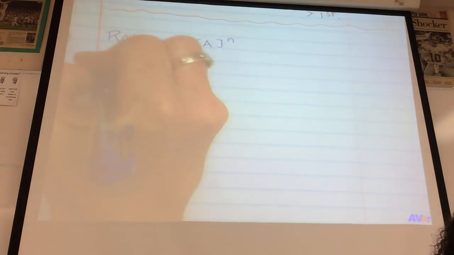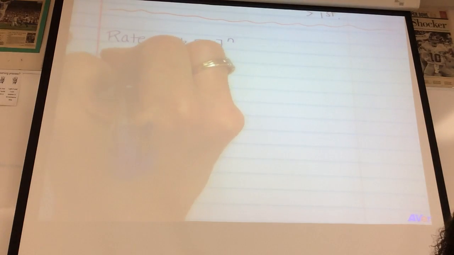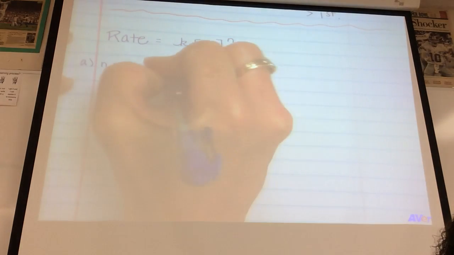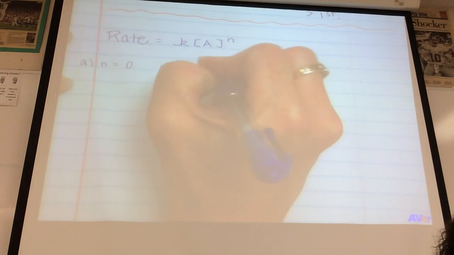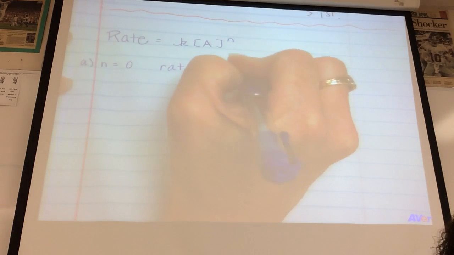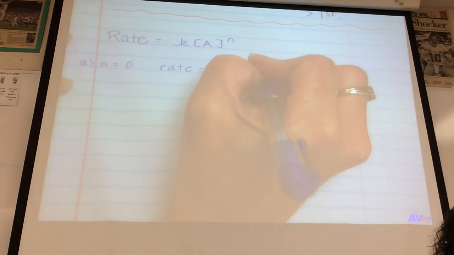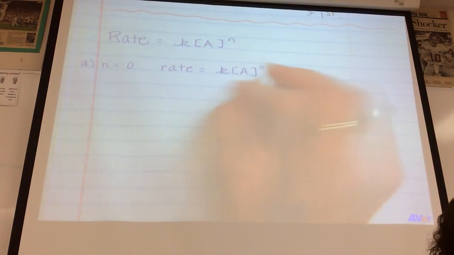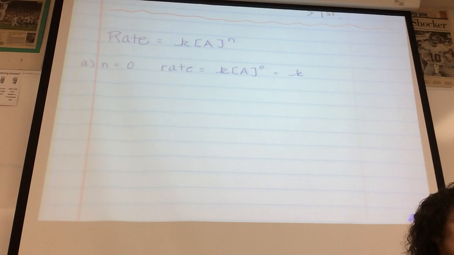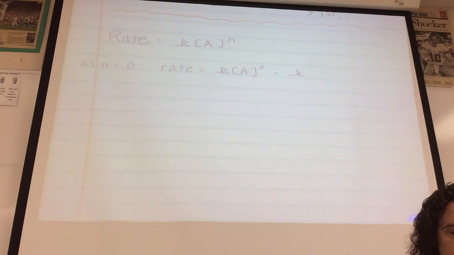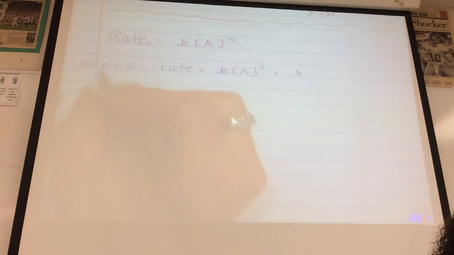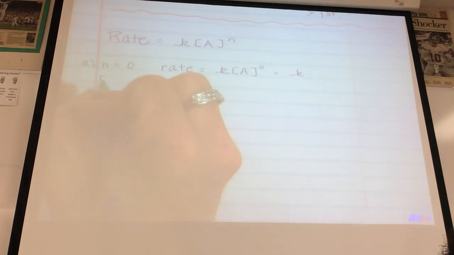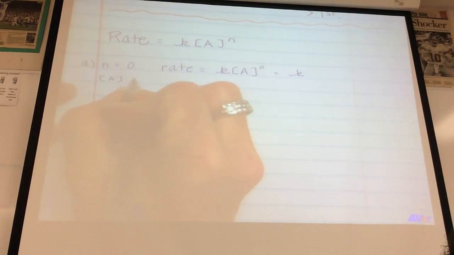So for A, n is going to be 0. So the rate is equal to k, A to the 0 power. Or you could just say k, because A to the 0 power is 1. Anything to the 0 is 1. So let's say that the concentration of A doubles.